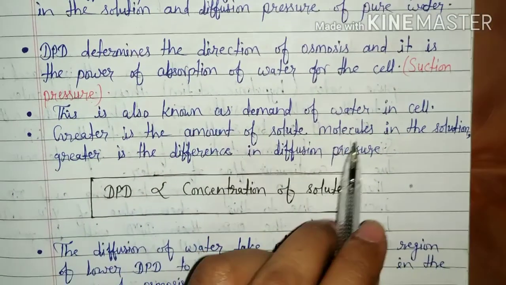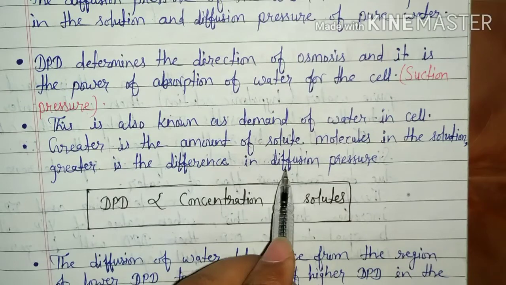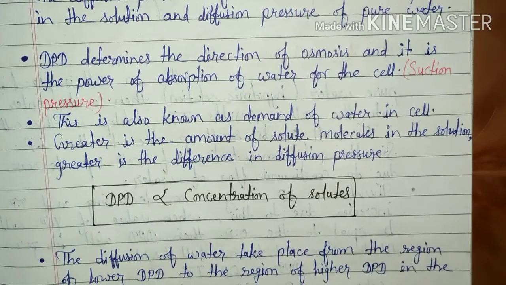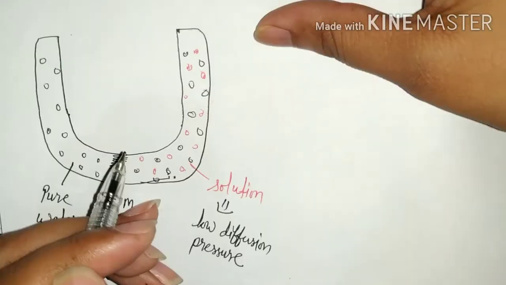The greater the amount of solute molecules in the solution, the greater the difference in diffusion pressure. Therefore DPD is directly proportional to the concentration of solutes.